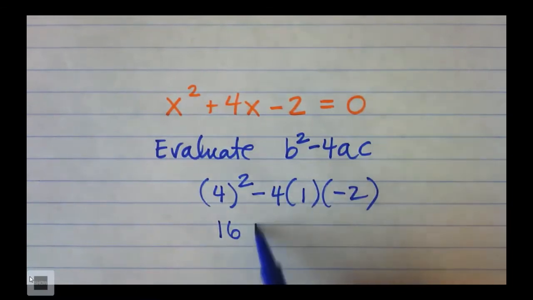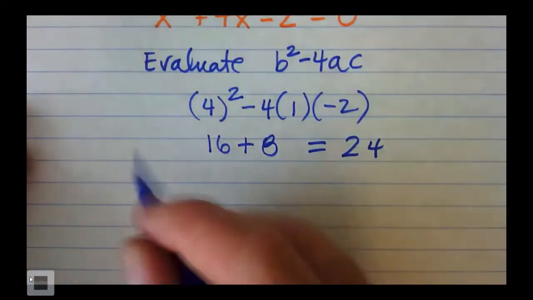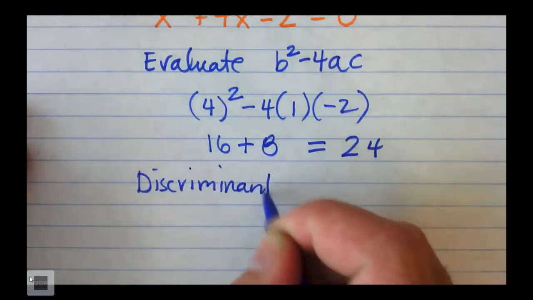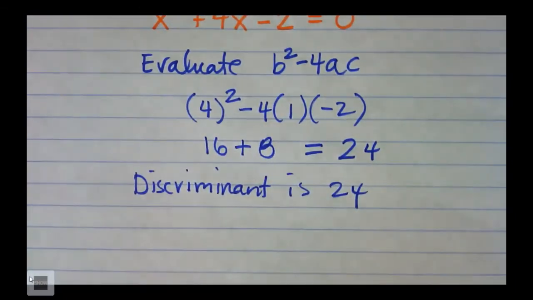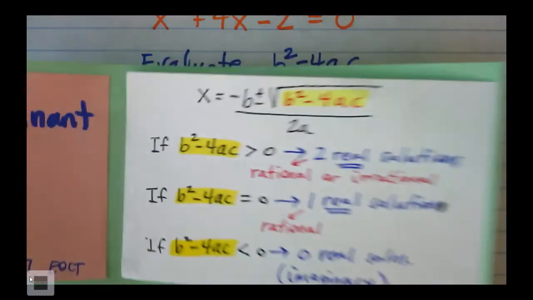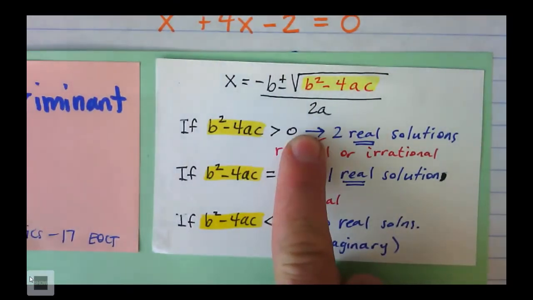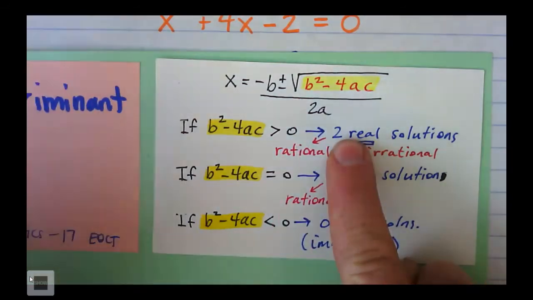I see that's a negative and a negative, so I know this is 16 and 8. And our discriminant, let me write this down, is 24. And since this is a positive number, if I go to my note card, since the discriminant is a positive number, the answer to my question, how many? 2.